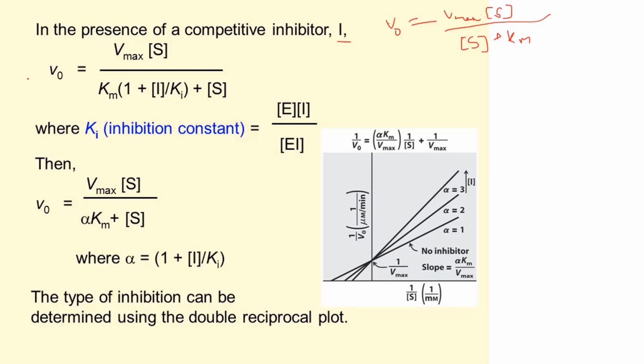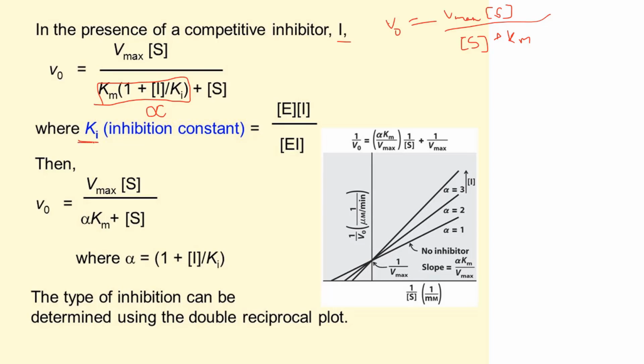But in the presence of an inhibitor, the Km will change. Vmax is constant, it is not changing, Km is changing, and the changed value of Km is denoted by Km into 1 plus I by Ki. This 1 plus I by Ki can also be written as alpha. So we have to multiply Km into alpha to get the actual Km of an inhibited reaction.